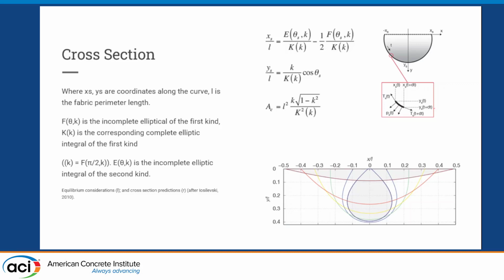It behaves very similarly to an open channel of infinite length, which is the formula we have in the top left. That's a numerical approximation of the cross-section at a given section based on the tension and the hydrostatic pressure.